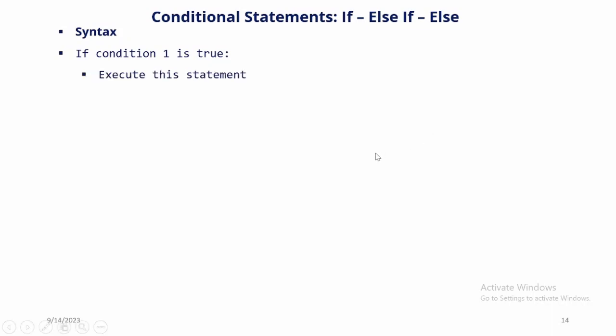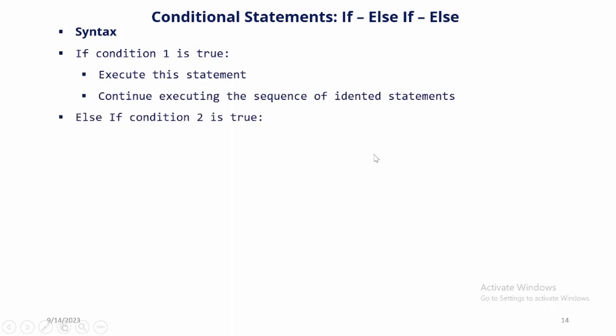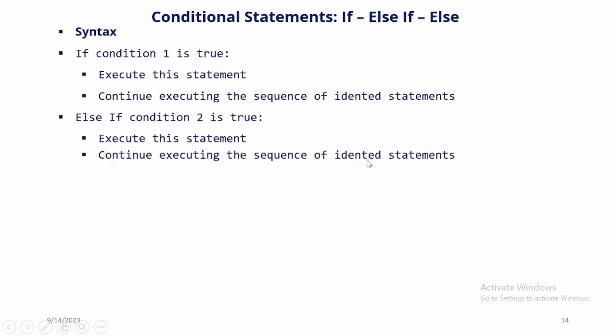Okay, so let's look at a more complicated conditional statement. If elif else statement. The syntax: we are going to test multiple conditions. If a condition is true, we call it condition 1, execute this statement, continue executing the sequence of indented statements. Else, if a second condition is true, say condition 2, execute a statement, continue executing a sequence of indented statements, and continue that way up till the end condition.